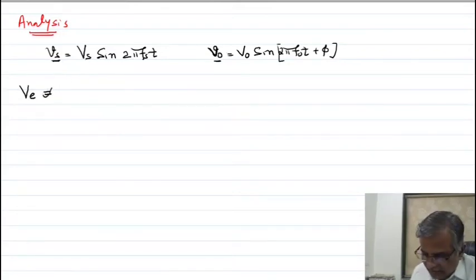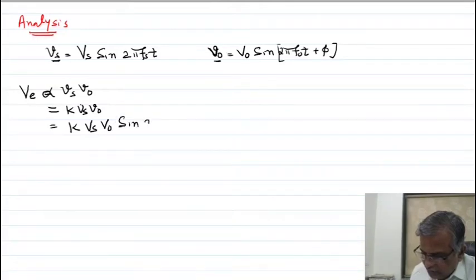So I can write it with some constant K, as K into Vs Vo sine 2 pi Fs t into sine 2 pi Fo t plus phase phi.